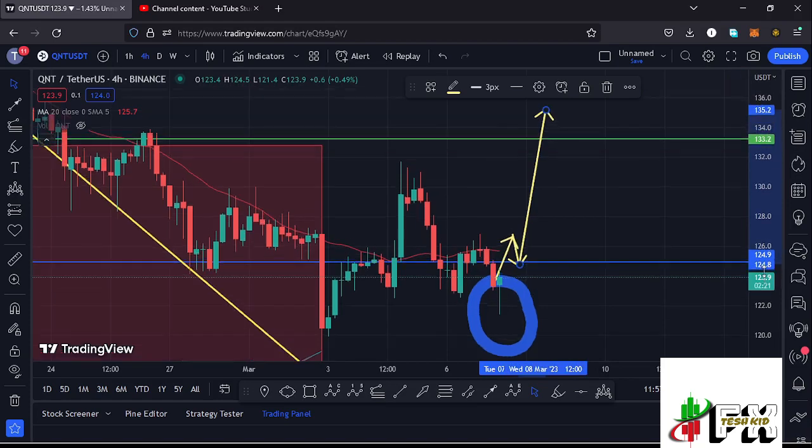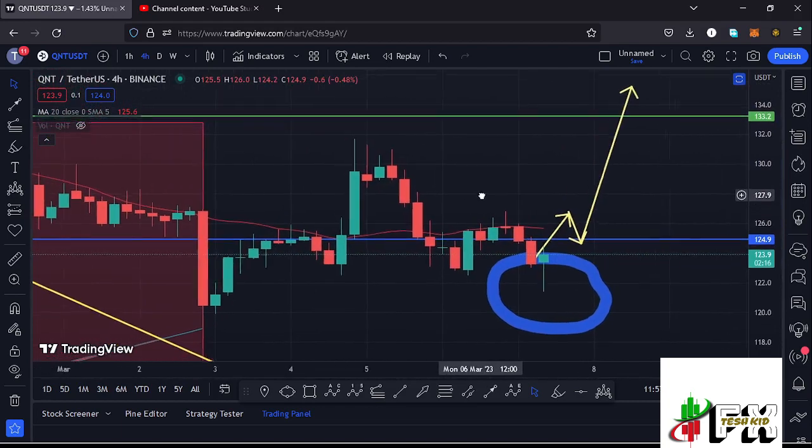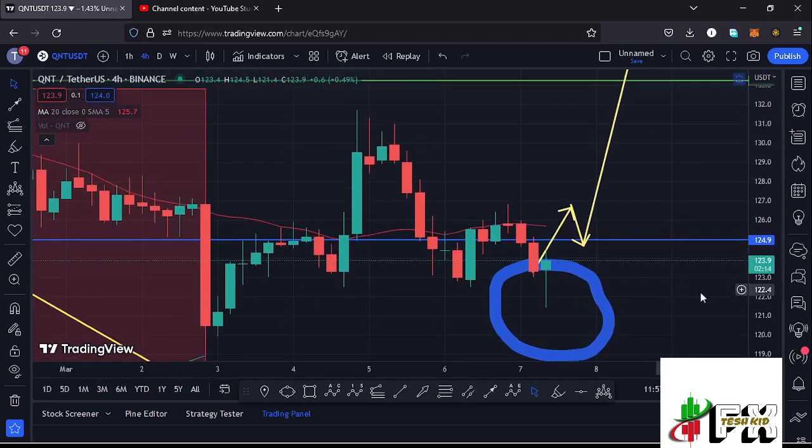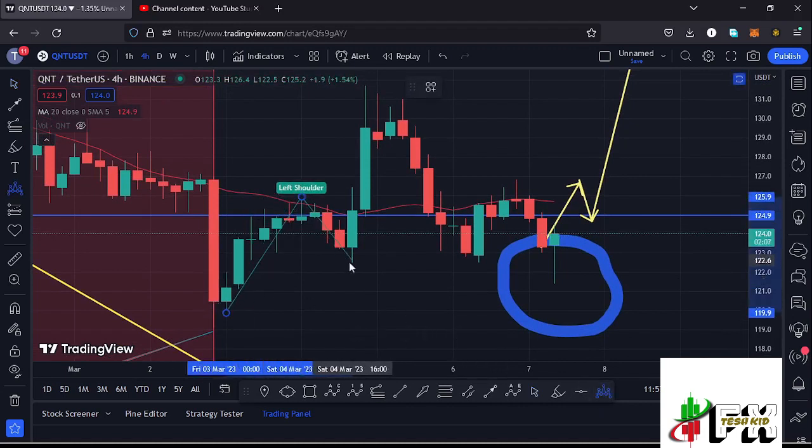We also have another chart pattern in formation over here that could be suggesting another possible scenario to the lower side, and that chart pattern is a head and shoulders pattern. If I draw it out, we can have these as the left shoulder of that head and shoulders pattern.